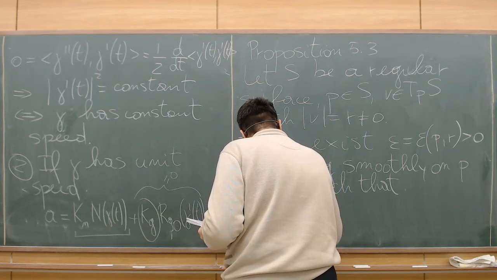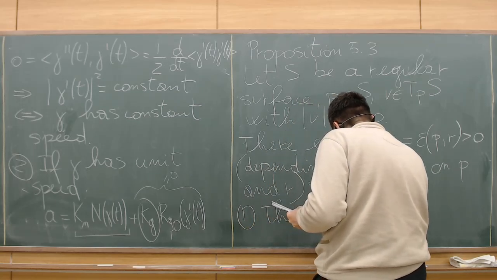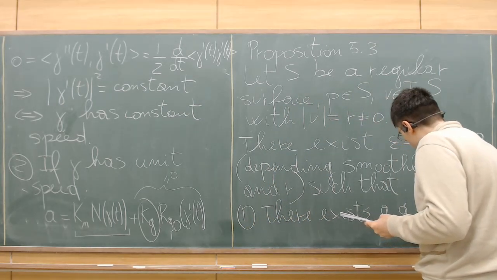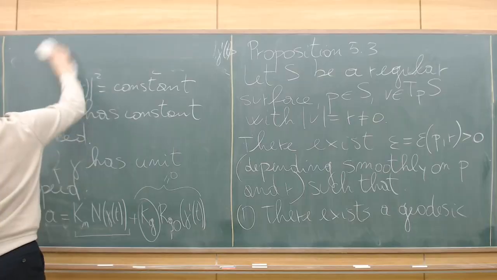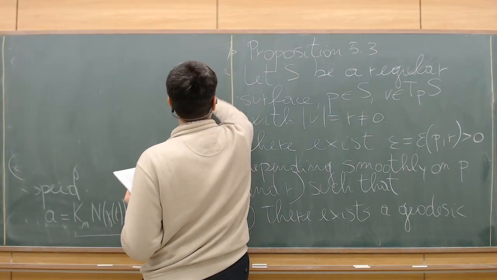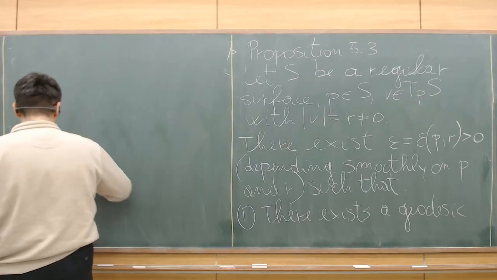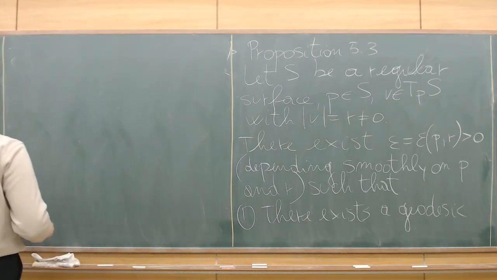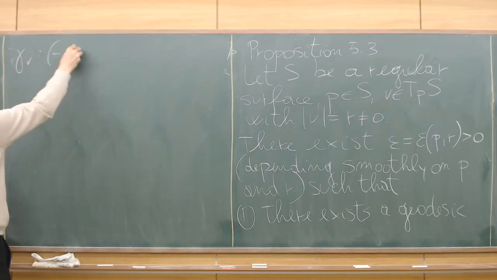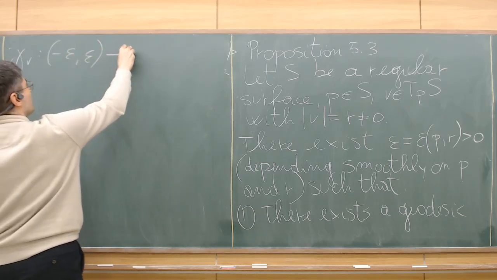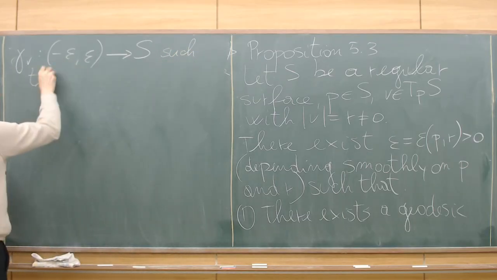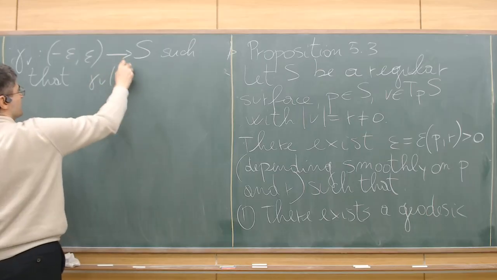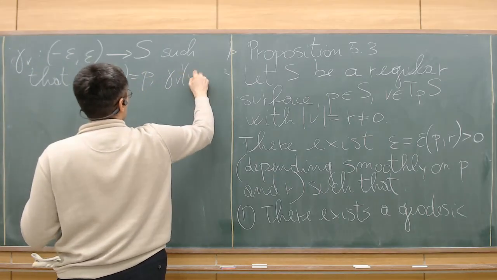There exists a geodesic gamma V defined on minus epsilon to epsilon with values in S, such that gamma V at 0 is equal to p, gamma V prime 0 is equal to V.